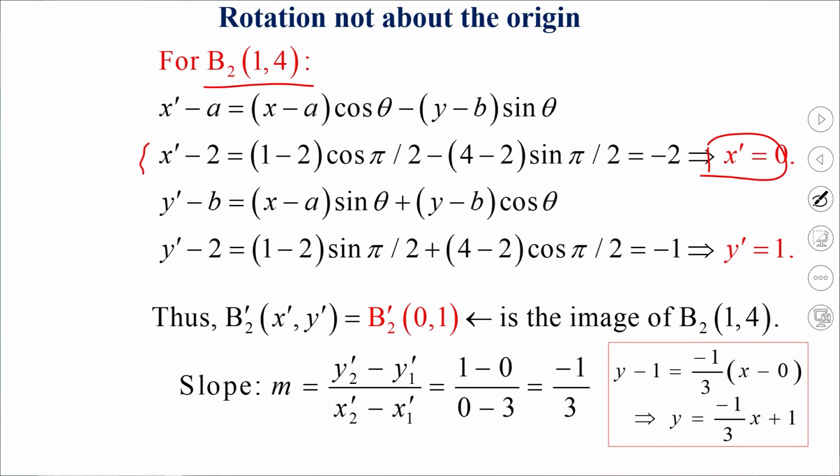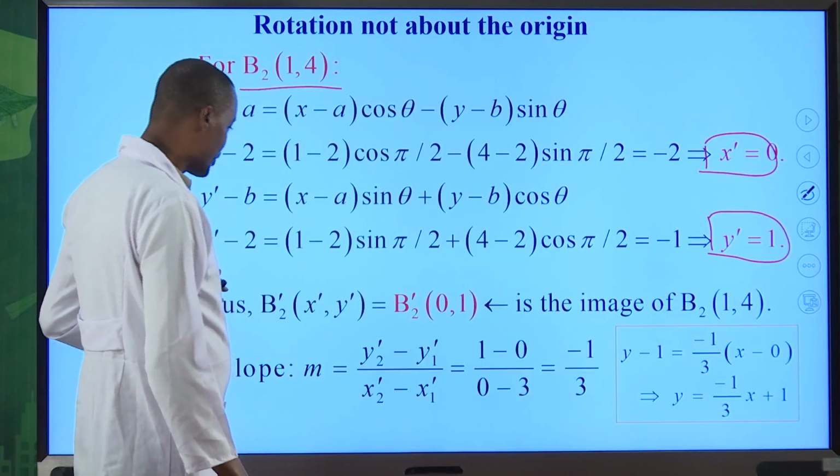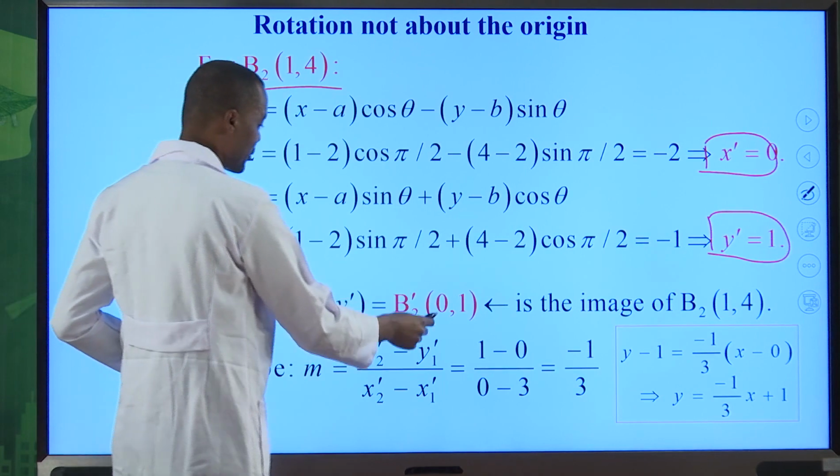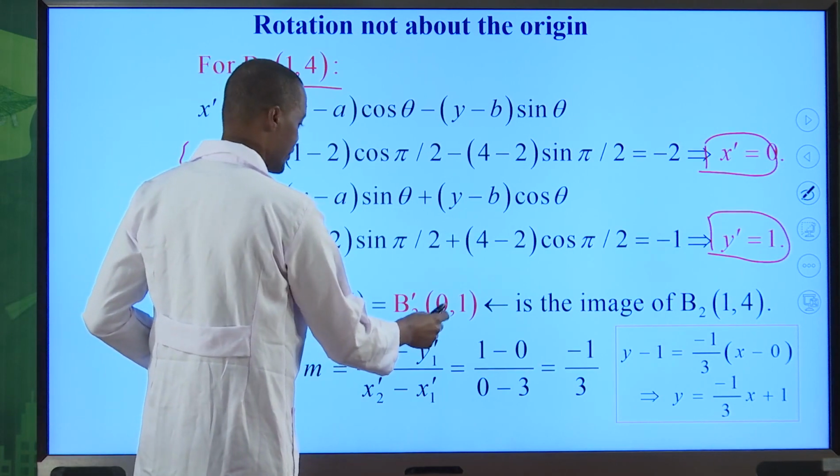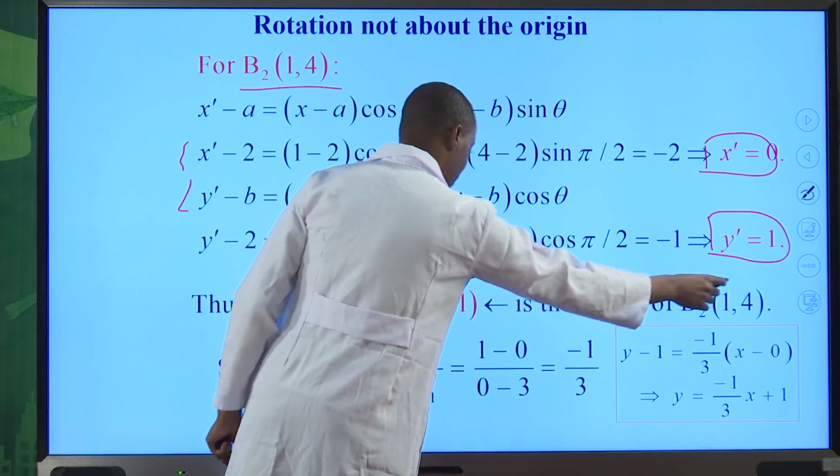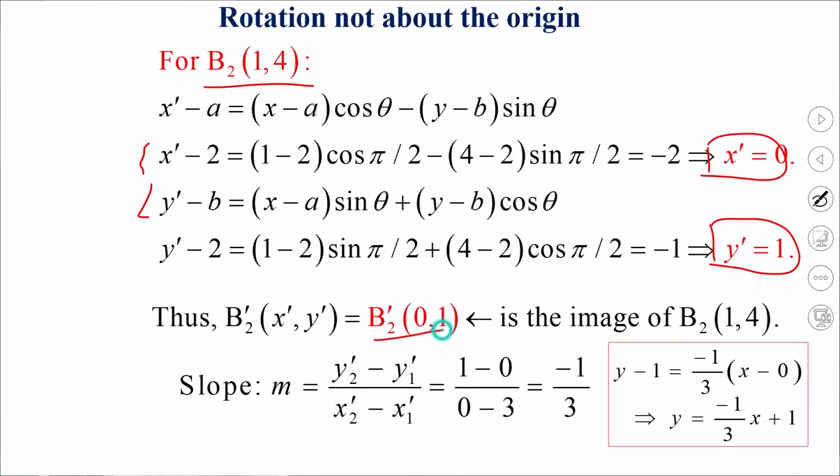And y prime minus b is this one. With direct substitution again, I will get y prime to be equal to 1. So my point b2 prime is (0, 1). That is the image of (1, 4). I picked up this point which is (1, 4), and after rotation I found out that its image will be equal to b2 prime of (0, 1).